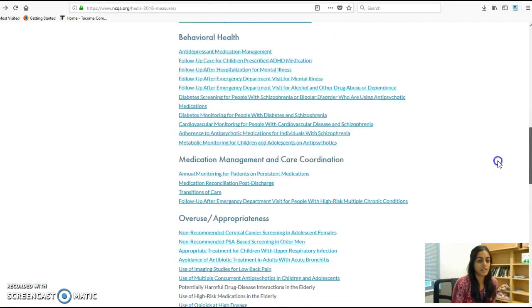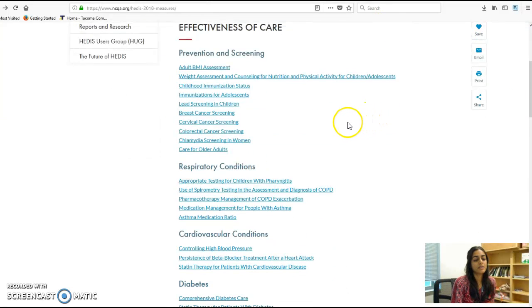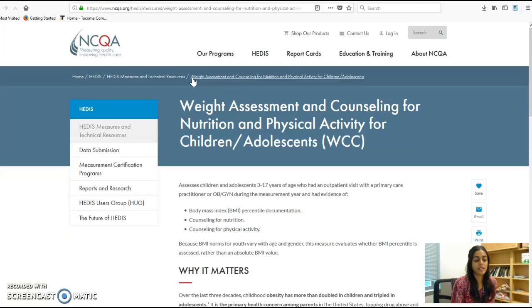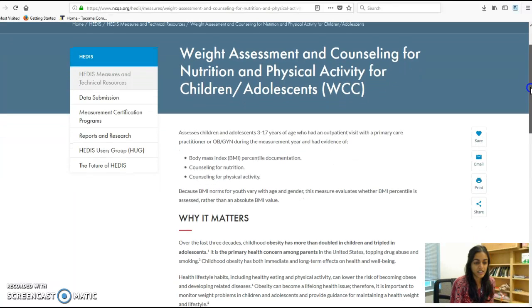Just looking through these, we can go through a couple of examples here. Weight assessment and counseling for nutrition and physical activity for adolescents and children.